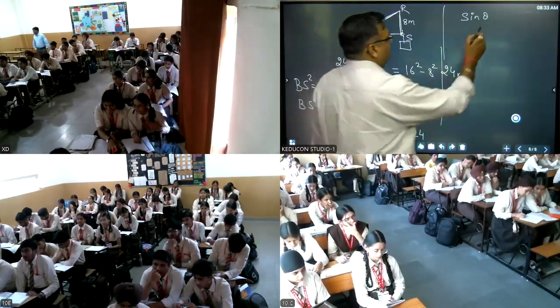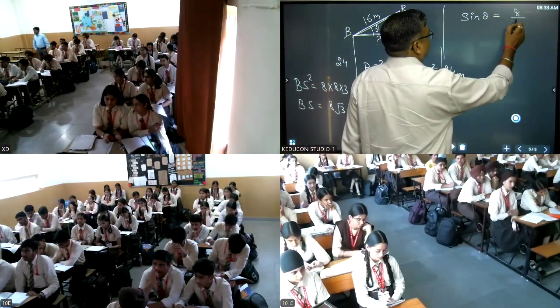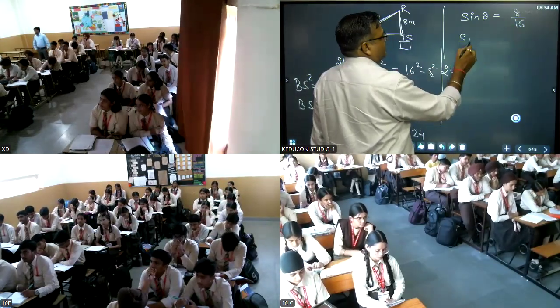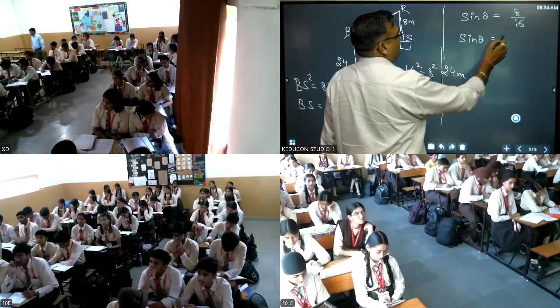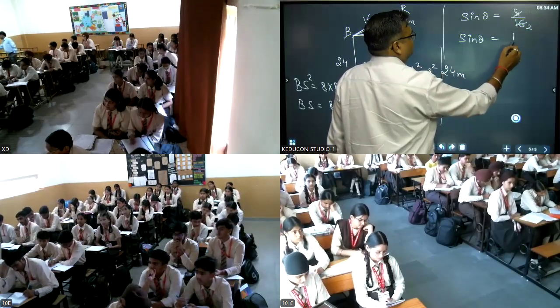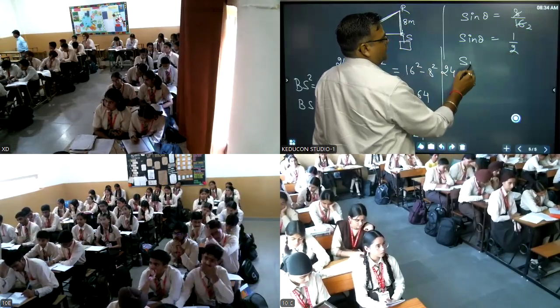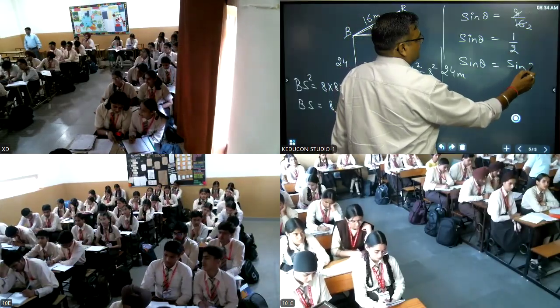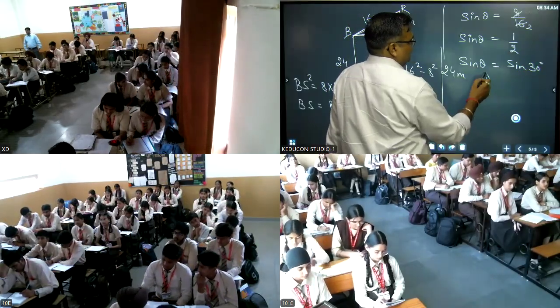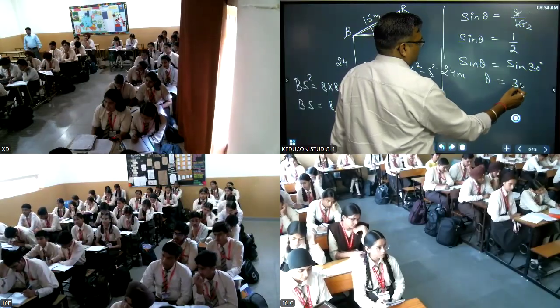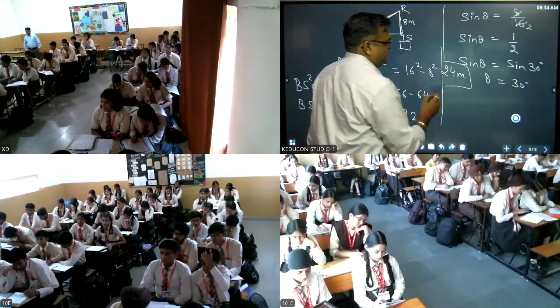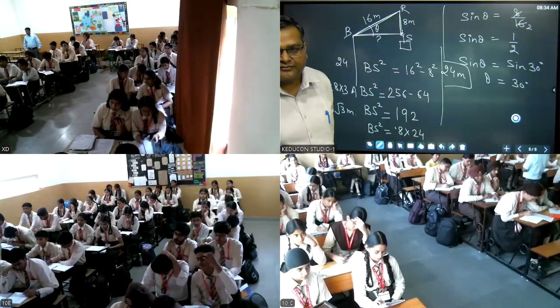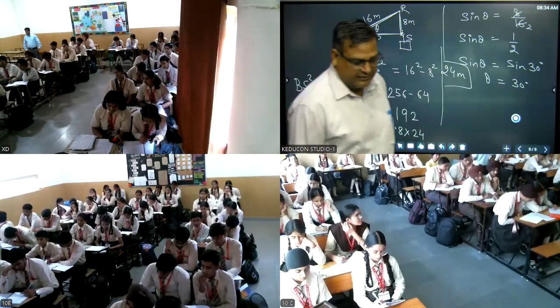Sine theta is perpendicular upon hypotenuse. So sine theta will become 1 by 2, and the value of sine is 1 by 2 at 30 degree. So theta will be equal to 30 degree. Is it clear, children?